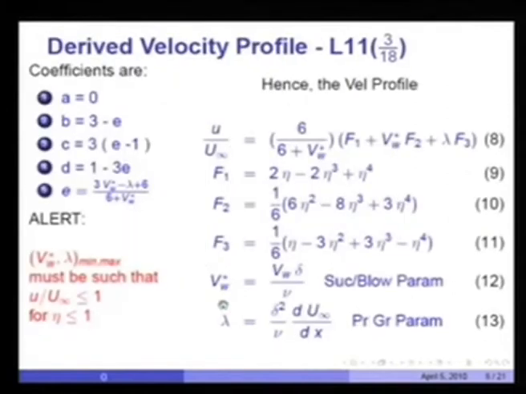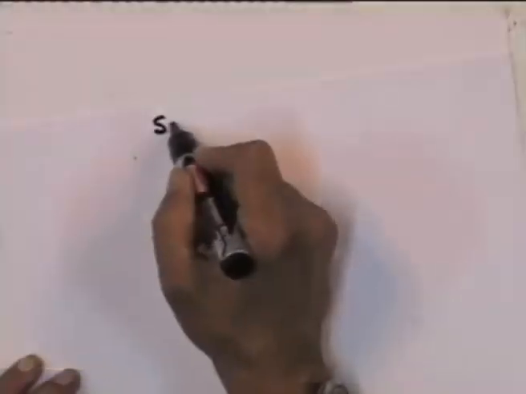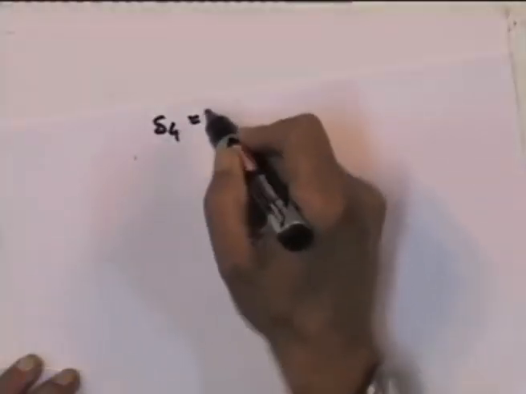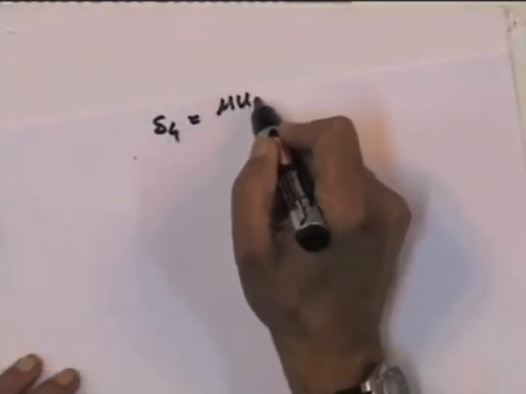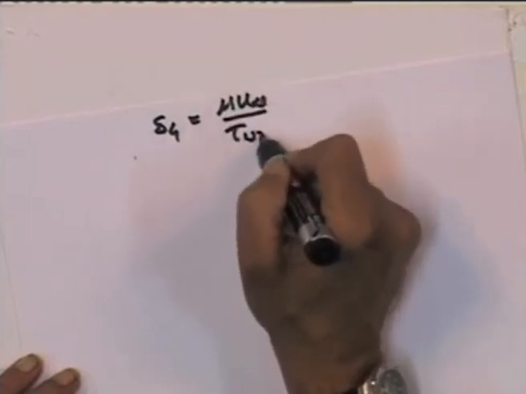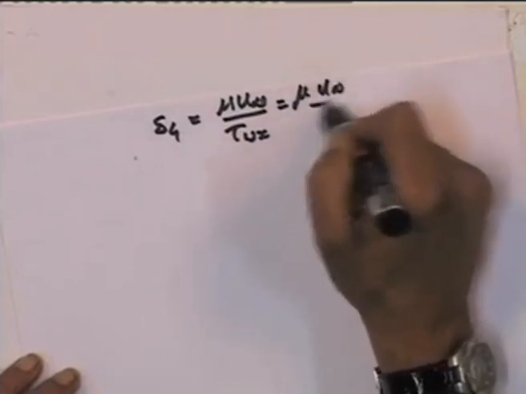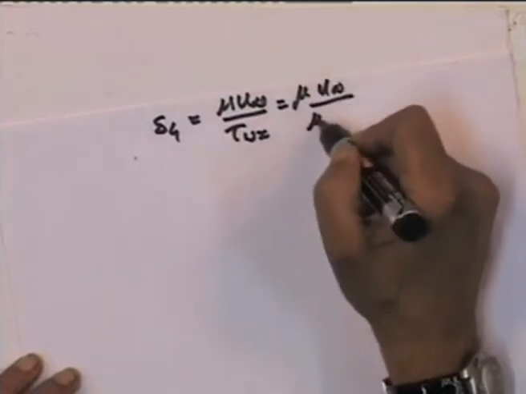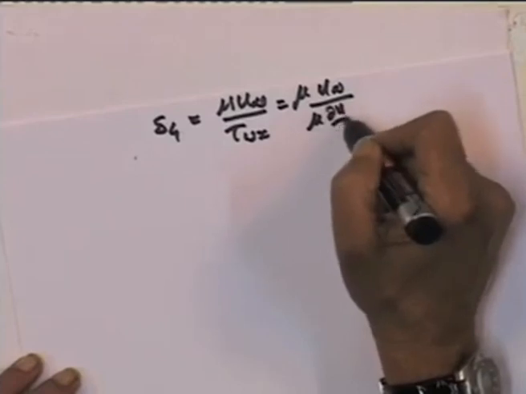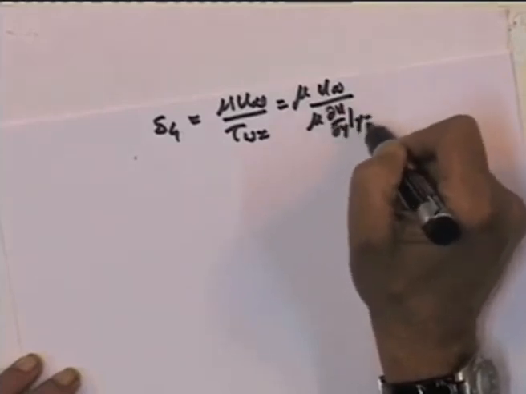If we see our equation, remember delta 4 is mu over u infinity divided by tau wall x, and this is equal to mu times u infinity divided by mu times du by dy at y equal to 0.